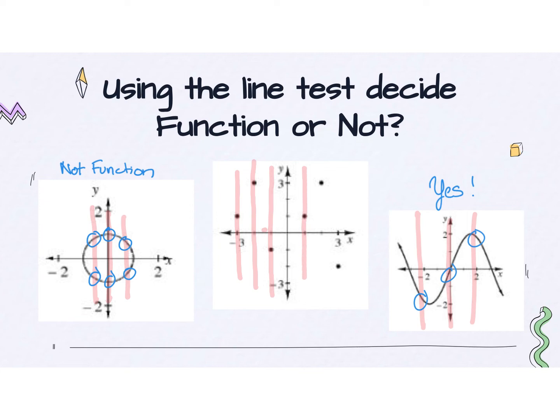So in this case, I would draw many more than 3 lines to make sure I have checked each individual case to assure myself that I've looked at every possible scenario. And this, excuse me, is, yes, a function. So that is the line test. Hopefully you have no questions, and that was pretty self-explanatory. And we will move on.